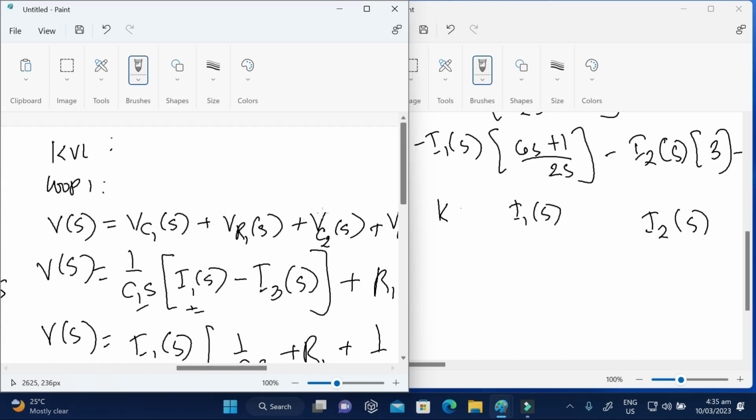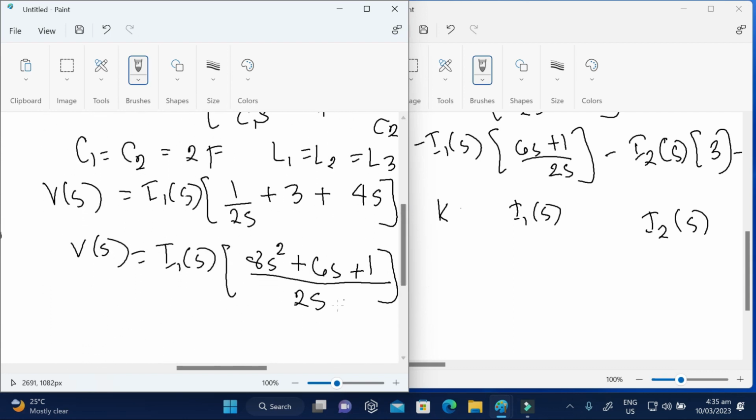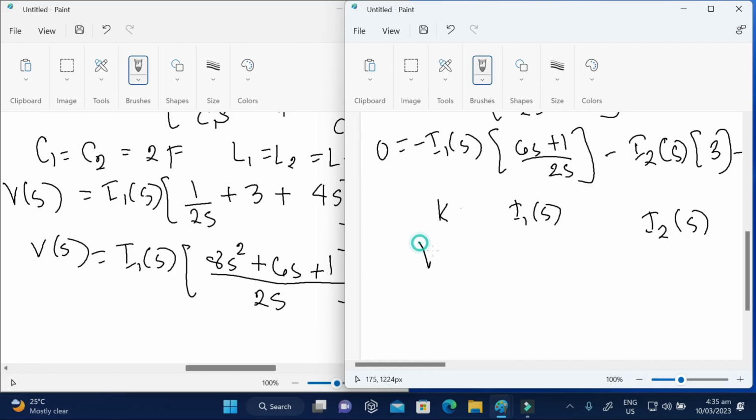So, sa loop 1, we have the source as VS, equation 1. Ayan, okay na. For the K, we have VS. Ang I1 natin ay 8S squared plus 6S plus 1 over 2S. Okay na?